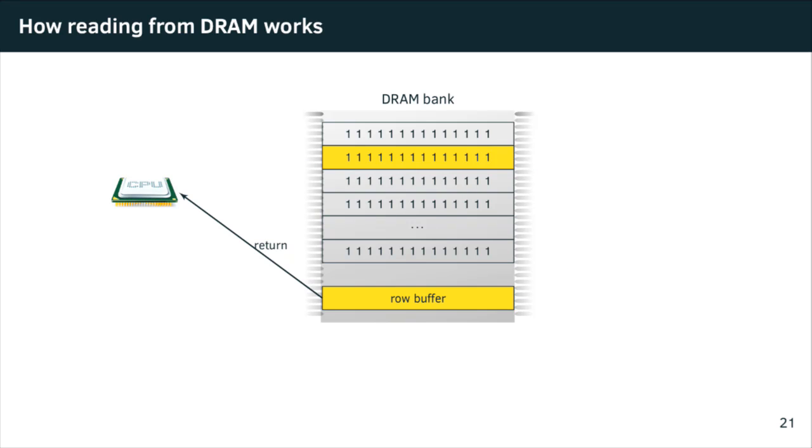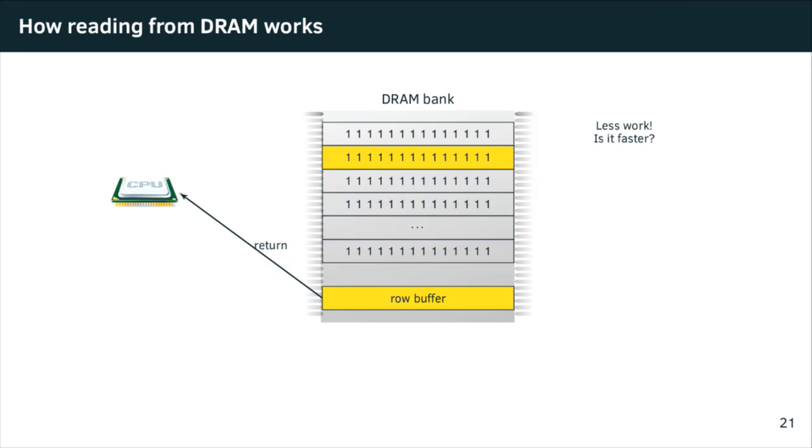And then we can extract the bits that we needed from the row and return it to the CPU. So now it becomes funny. If the CPU immediately afterwards decides it needs to read some stuff from the same row again, maybe some other stuff in the row, well, now the row buffer is already full, and the CPU can get it directly from here. This sounds like it's less work, and the question is, is it faster?